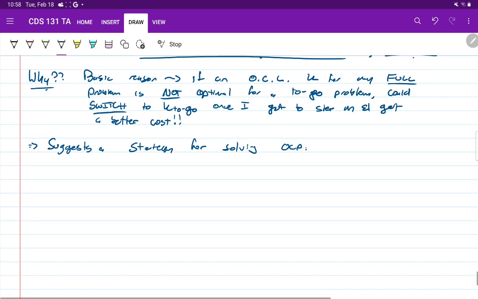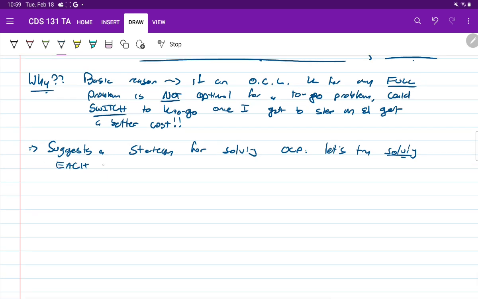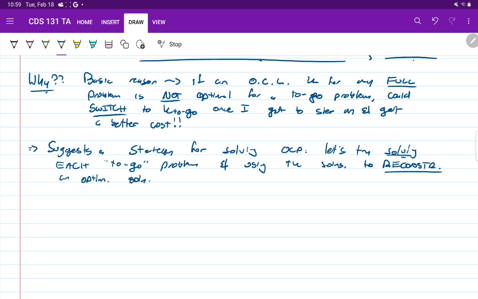Okay, so since we know that our optimal control law for our full system needs to be optimal for each of these to-go problems, let's try solving each to-go problem, and using the solutions to reconstruct an optimal solution for our full problem.